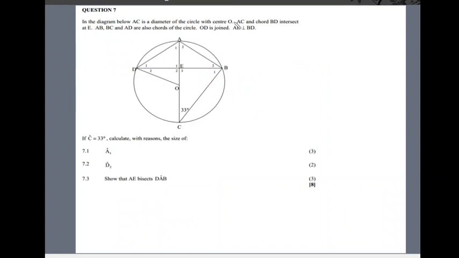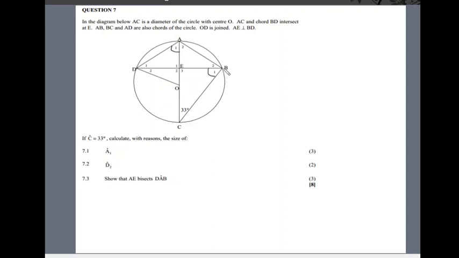So looking at A1, we can see ukuthi A1 is that angle there, and if you check A1 and B1, you'll see ukuthi those should be equal because they are angles in the same segment, right?